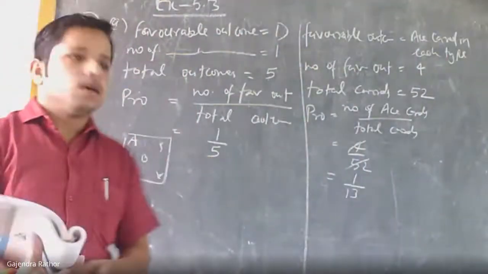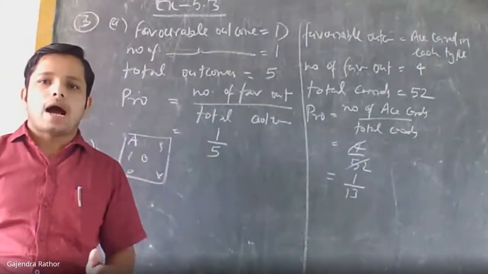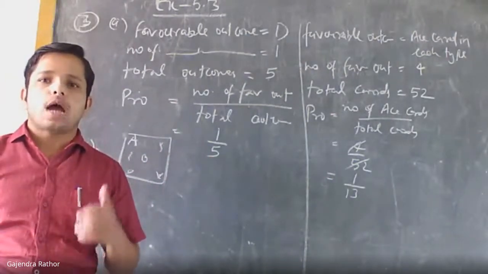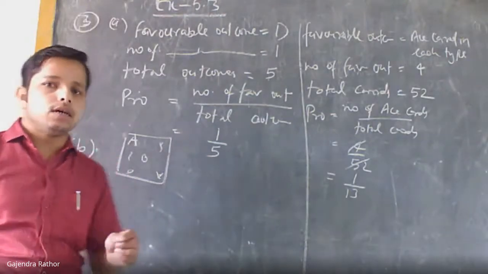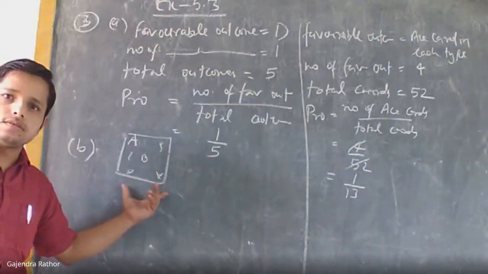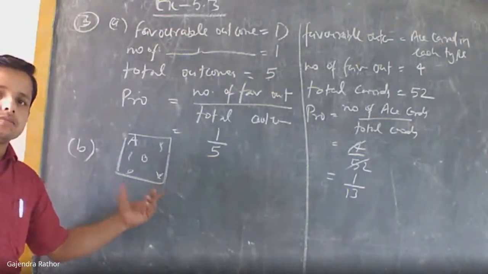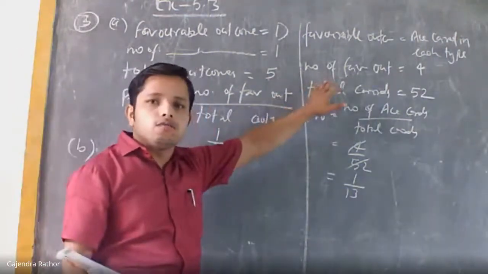Once again, in playing cards, there are 4 types of cards, 2 types of black and 2 types of red. Total 4 types, each type having one ace card, like this. So the number of ace cards will be 4.